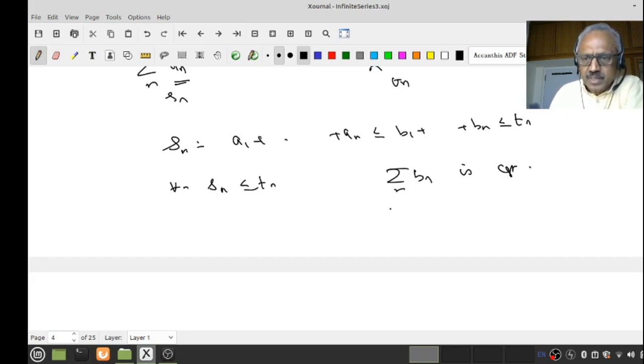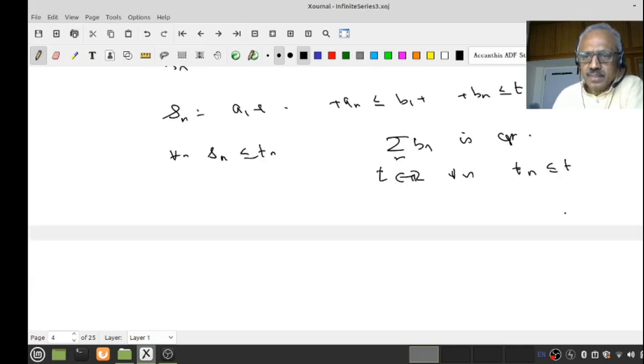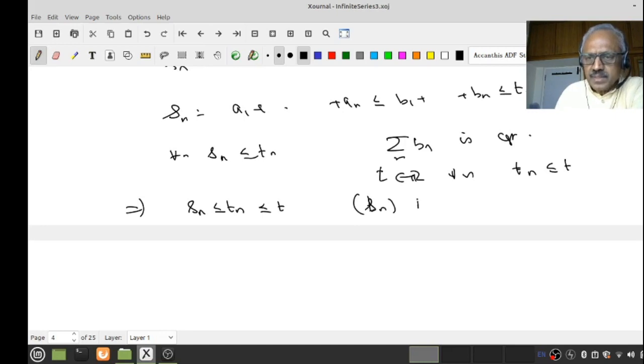If this is convergent, that means there is a real number t so that for all n, Tn is less than or equal to t. That would imply, since Sn is less than or equal to Tn, which is less than or equal to t, that the sequence Sn is an increasing sequence and bounded above. Why is Sn increasing?